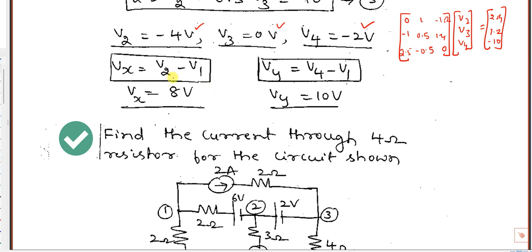V2 is minus 4 and V1 is minus 12. It is minus 4 plus 12, which is 8 volts. This is V4 minus V1. V4 is minus 2, V1 is minus 12. It is minus 2 plus 12, equal to plus 10 volts.